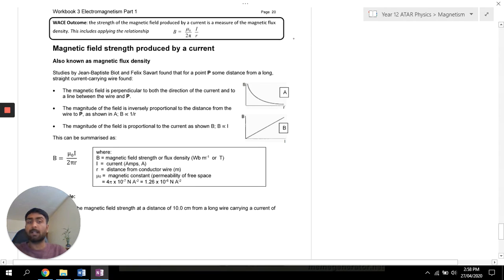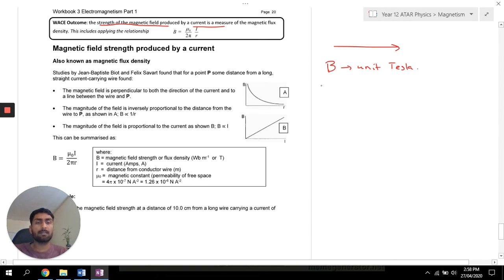It's just tidying up the last part of this section of notes, and we're going to have a look at the strength of the magnetic field around a current carrying wire. Okay, so you have a wire. What's the quantity of the magnetic field in Teslas? The magnetic field strength is a capital B, and the unit is a Tesla.